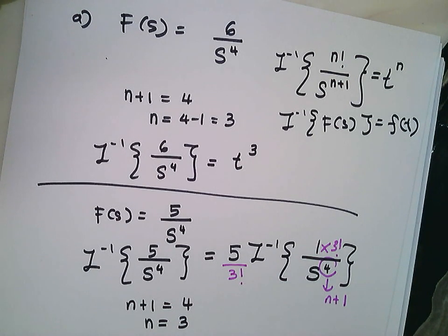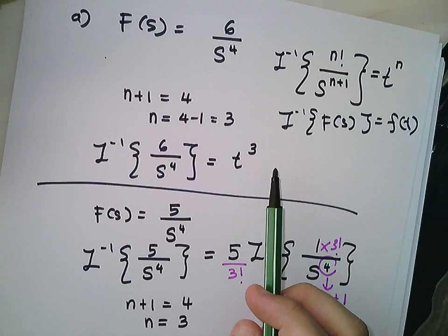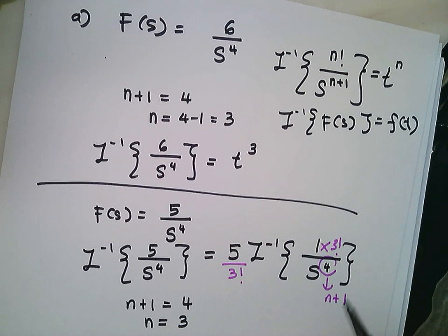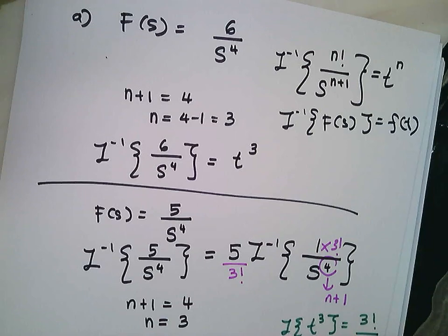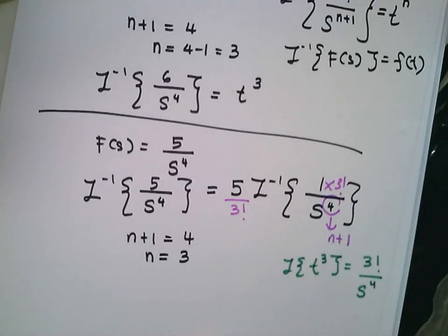Why do you need to do this? Because if you cancel out this one and this one, you will get the same problem, the same question. And a student might ask, why do we need to times by 3 factorial? Because if you don't, you cannot get t to the power of 3. Remember, the Laplace of t to the power of 3 is equal to 3 factorial over s to the power of 4.